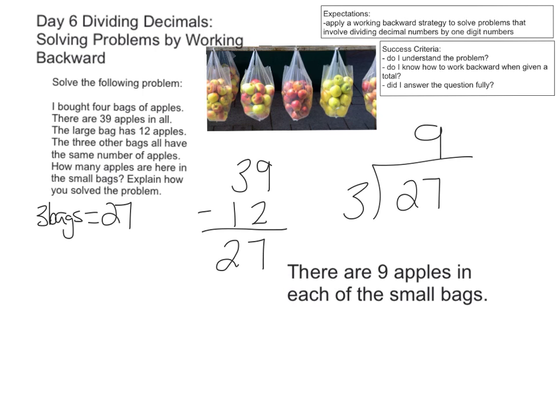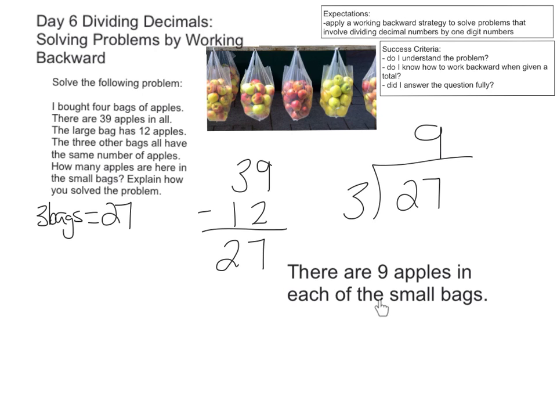So we see that we worked backwards with this problem because we were given a total number. So we were given 39 apples. And we were given an amount that we had to subtract by and then divide by. So usually we're given word problems where we have to figure out the total. But here, we're trying to figure out what we had to start.